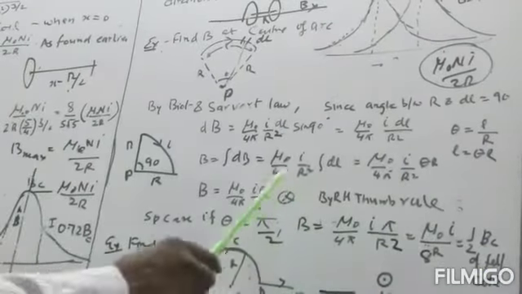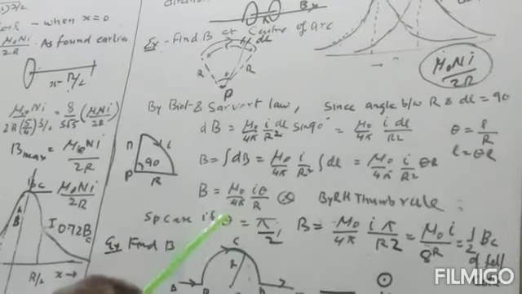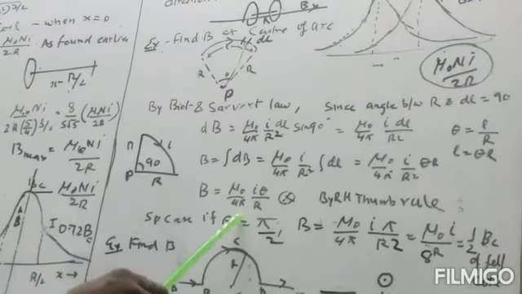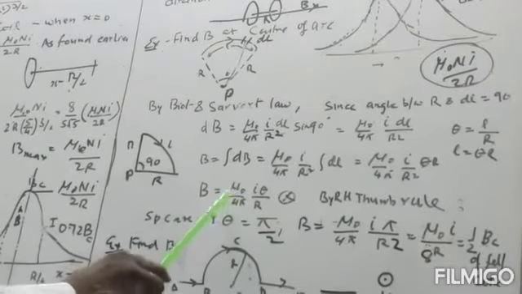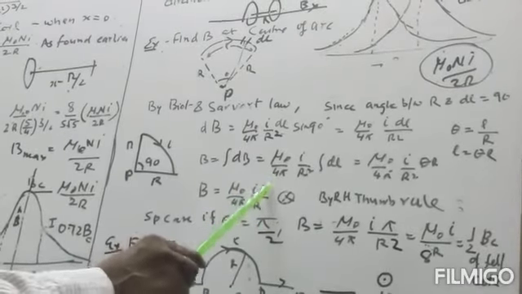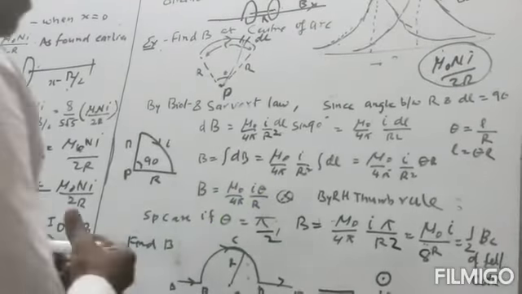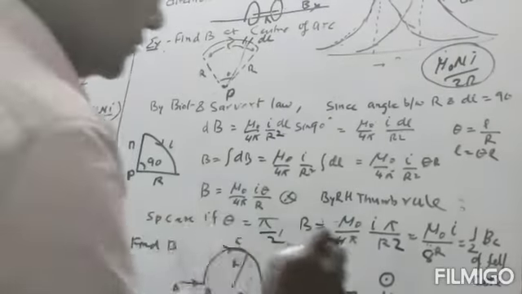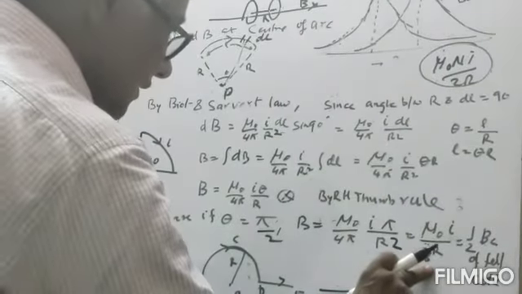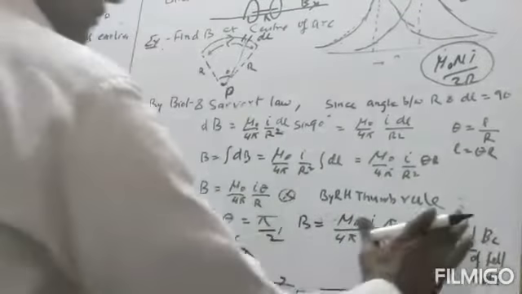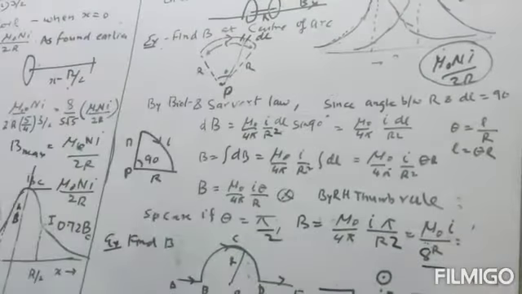We substitute theta equal to pi by 2, then it will be μ0/4π · I · (π/2)/R. So it will be equal to μ0 I, pi will cancel. So pi will be cancelled. So this will be equal to μ0 I/8R. So this will be the value of the magnetic field.